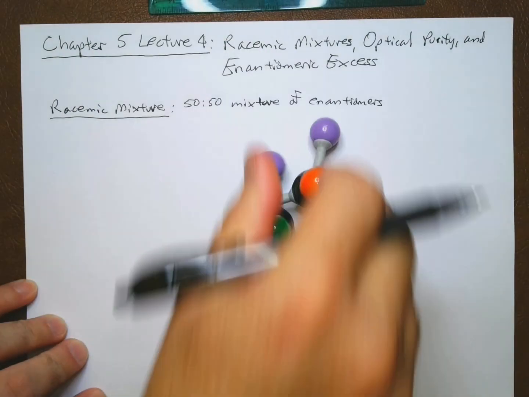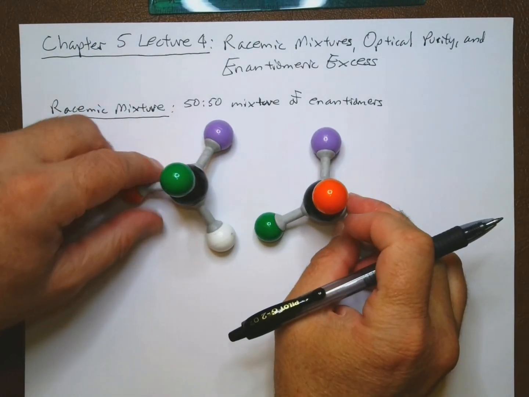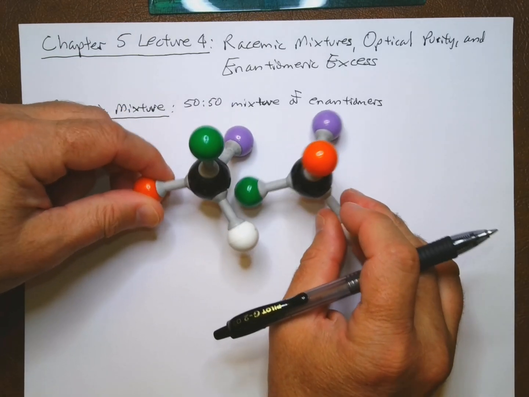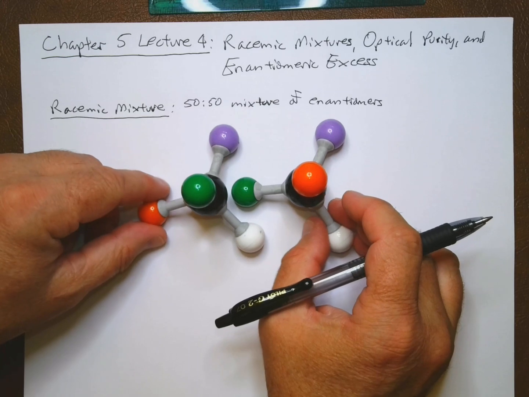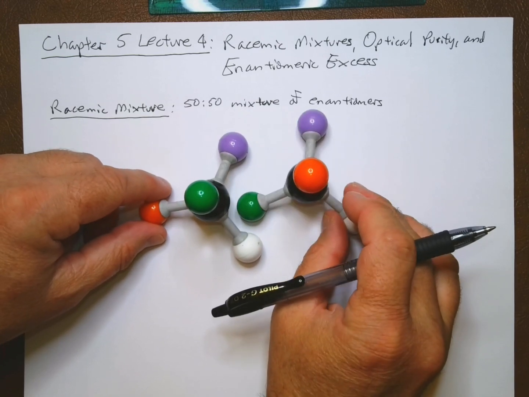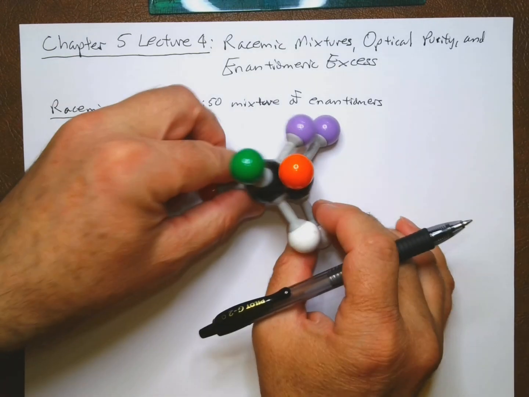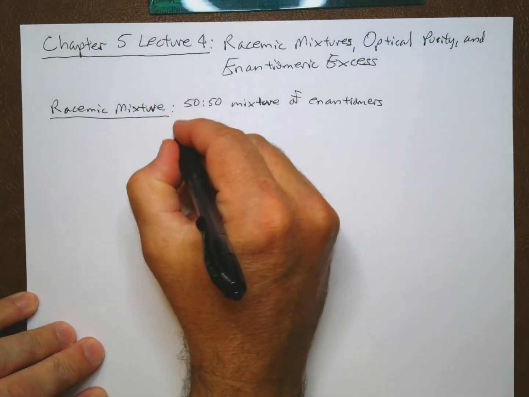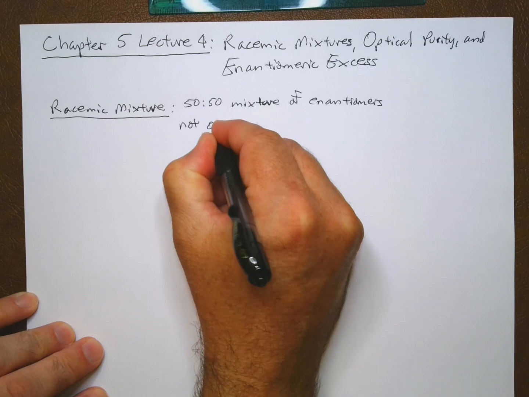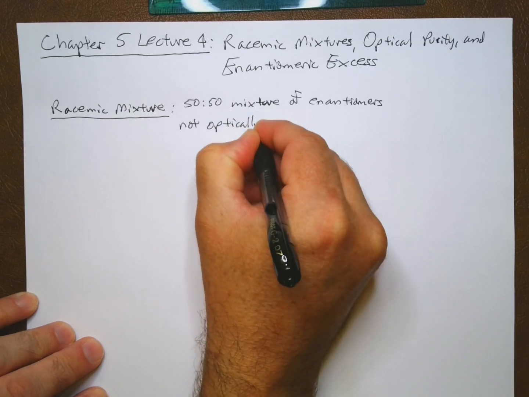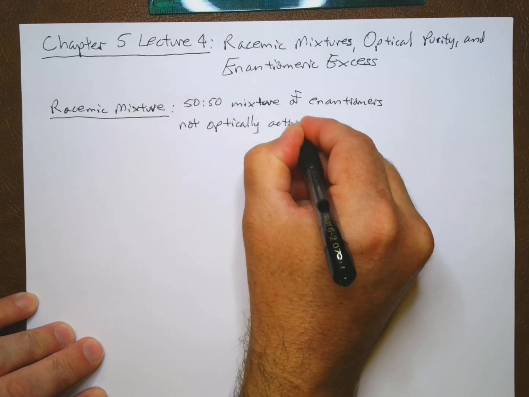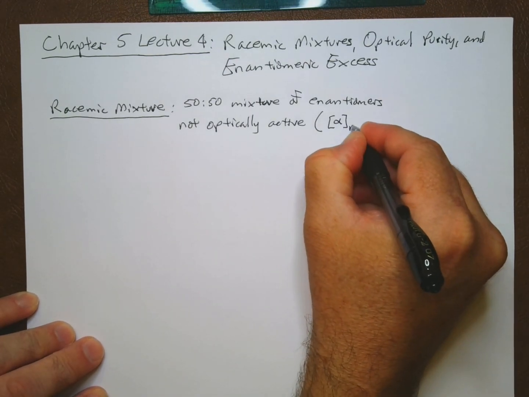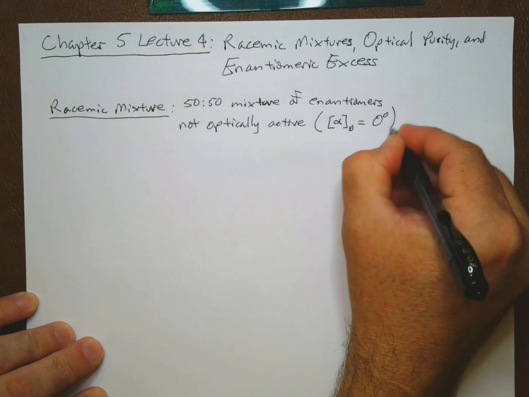Okay, so these are my enantiomers, and I've got a mole of this and a mole of this, and mixed together, that is a racemic mixture. Now, an interesting thing about racemic mixtures is that they are not optically active. In other words, their specific rotation is going to be 0 degrees.